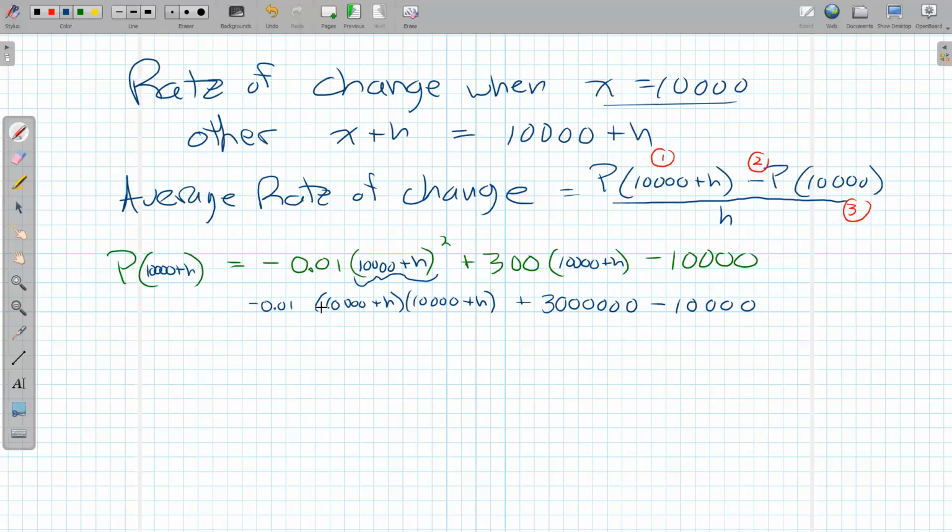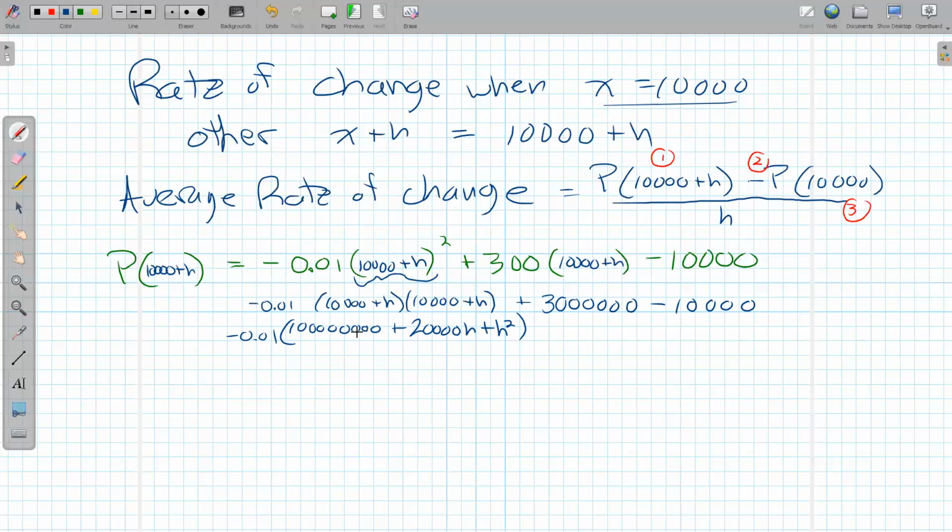Okay, and so distributing here, what do we get? 4 zeros, and then another 4 zeros, plus 2 of those, plus h squared. We still have to multiply that by negative 1/100th.